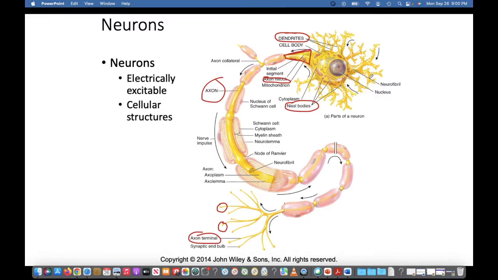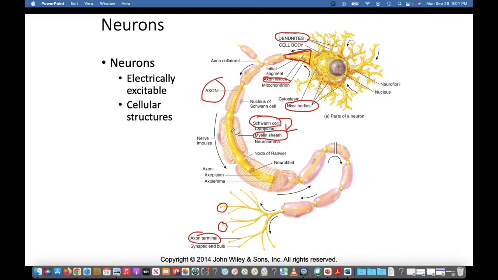And notice that the dendrites are not myelinated. What I mean by that is myelin is what we see here. I'm circling it here where it says myelin sheath. It's this insulation or protection that is actually created by a neuroglial cell called a Schwann cell. So the Schwann cell is producing myelin, which is made up of fat and cholesterol and lipids, and it's an insulator that protects the axon.